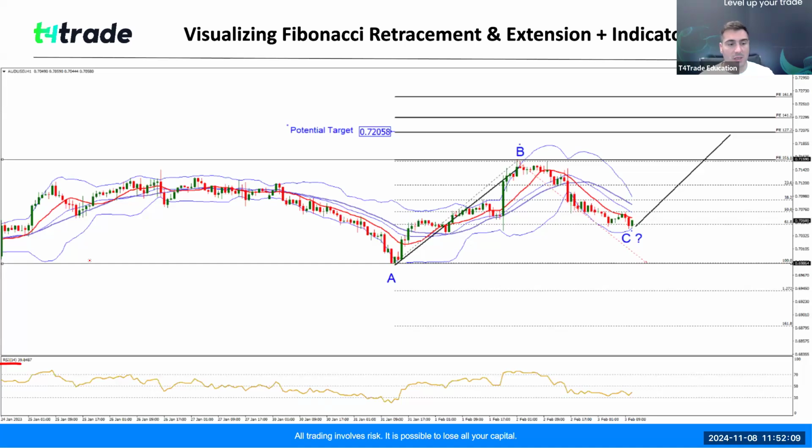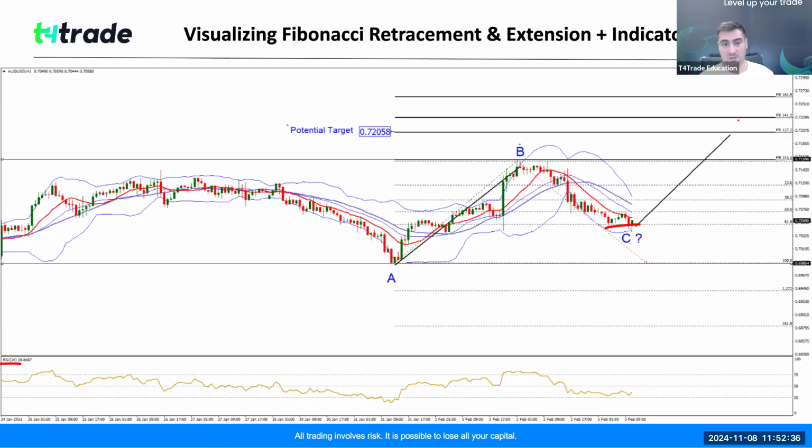Okay, so in this kind of example, we used the RSI. You can find it on the bottom side of the chart. And again, this is going to be an example of what not to expect when using the Fibonacci extension tool, because all the other technical indicators are not telling you that this is the end of the move and there's going to be a rebound from there onwards.